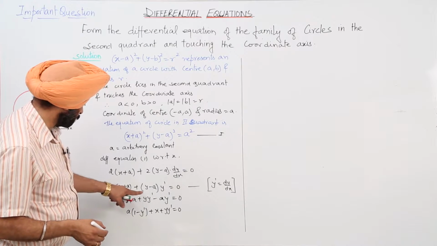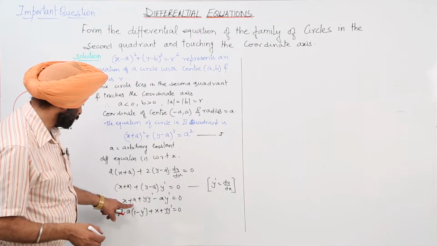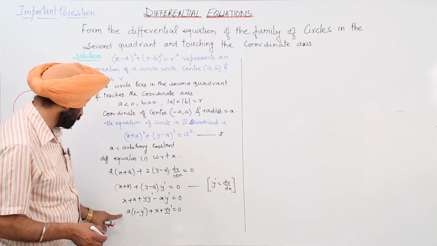So, we are getting x plus a plus y y' minus a y' is equal to 0.